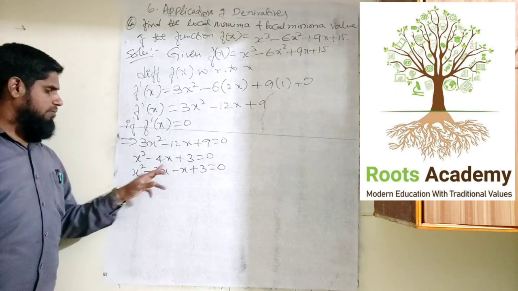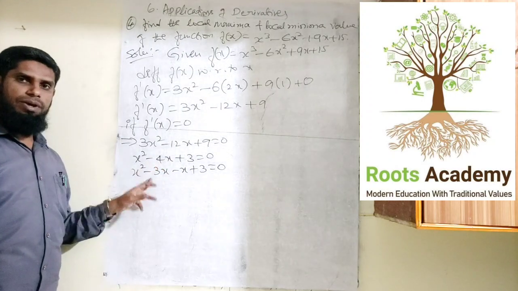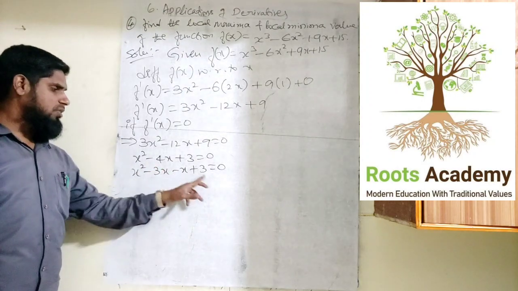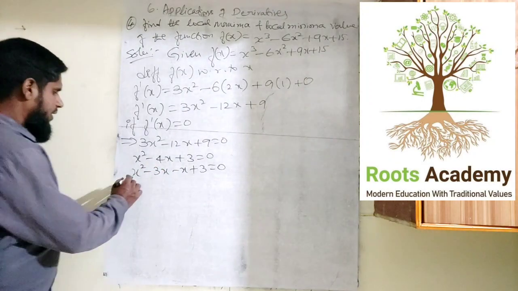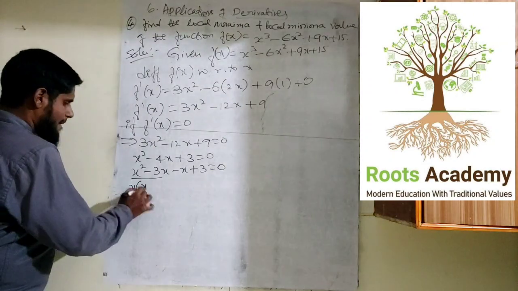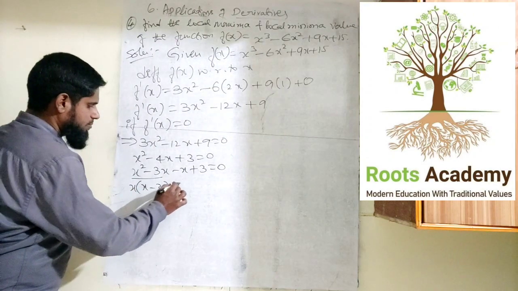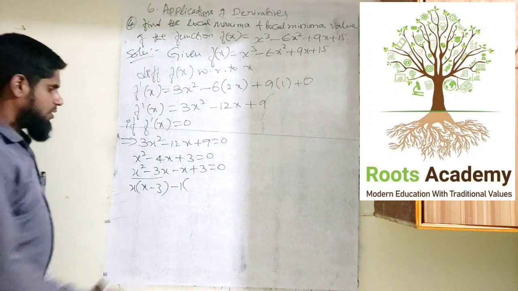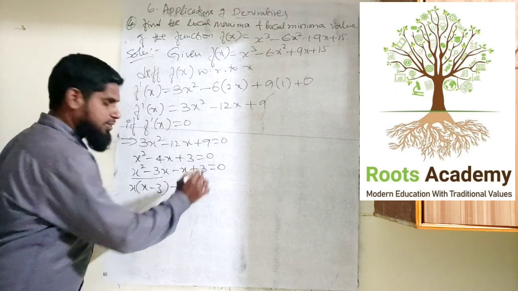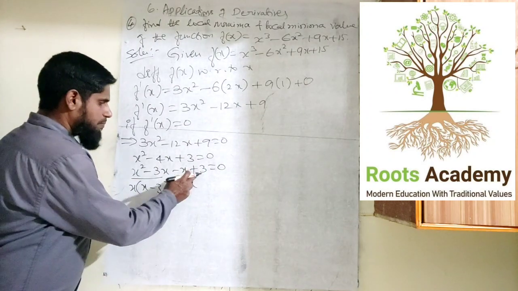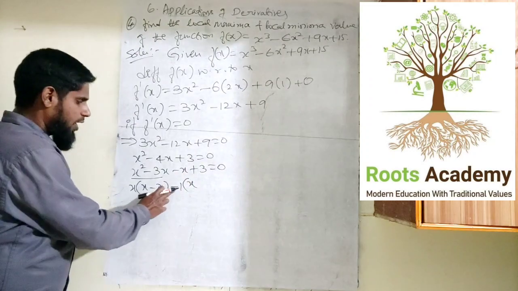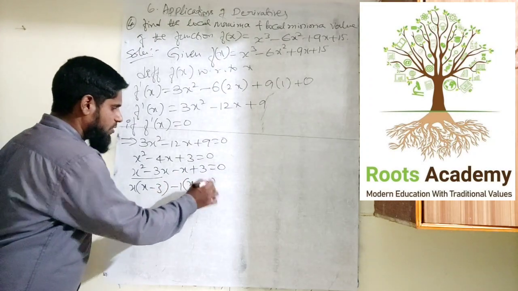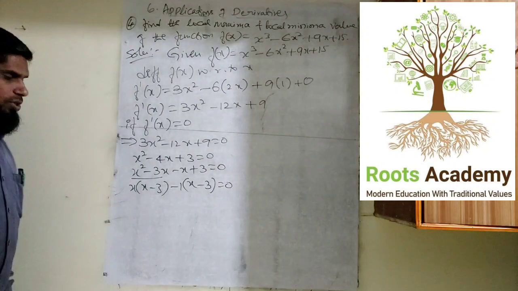So minus 3 minus 1 is minus 4, and minus into minus is plus, 3 ones are 3. Now if I take x common here, x(x − 3), minus 1 I will remove. If I remove minus 1, plus x is left out, plus 1 is left out, is equal to 0.